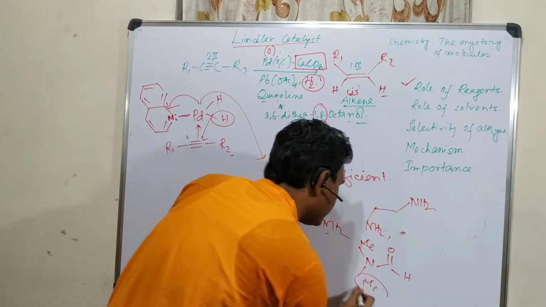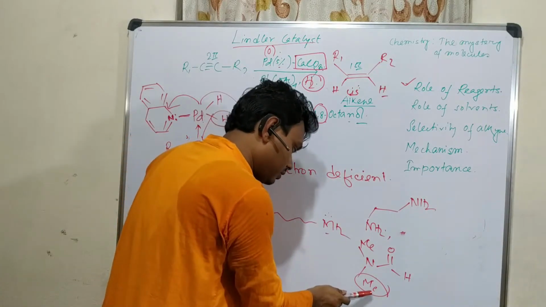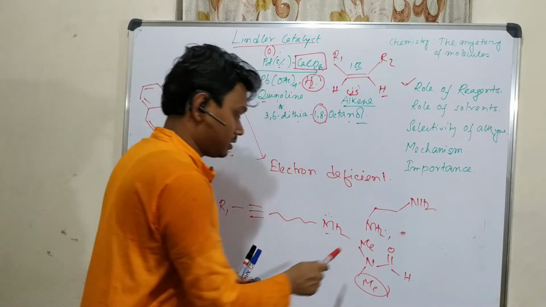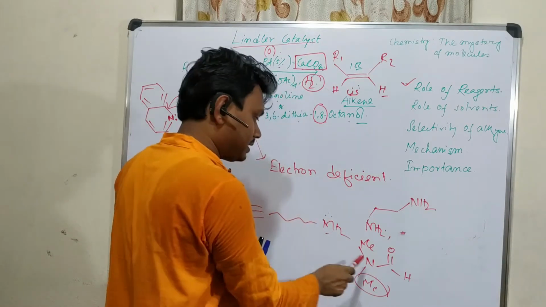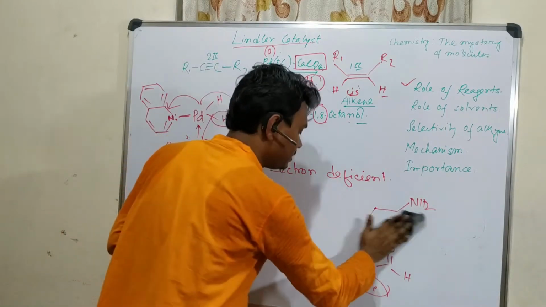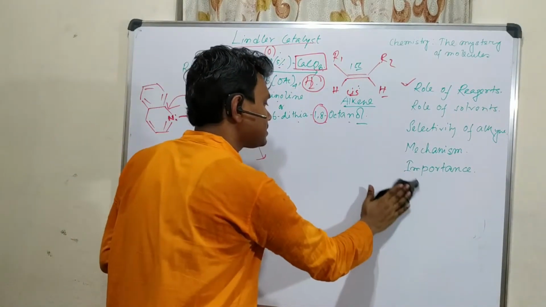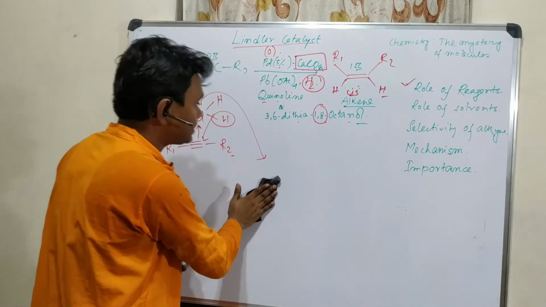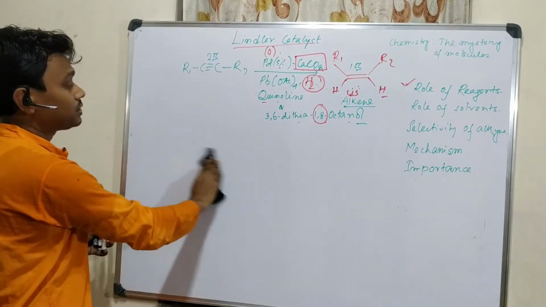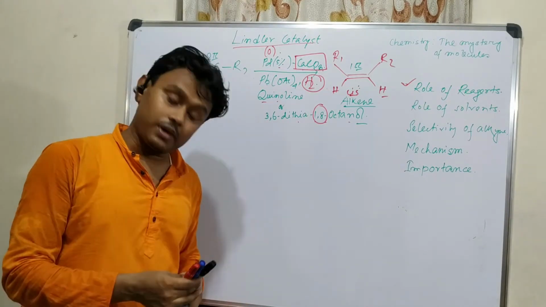So such type of solvent is used if the substrate is attached to an electron-rich amine. If amine is there, then these nitrogen containing solvents are used. And even this reaction is so selective that in presence of double bond and triple bond, it selectively reduces the triple bond into the cis-alkene. So this is the uniqueness of this reaction.